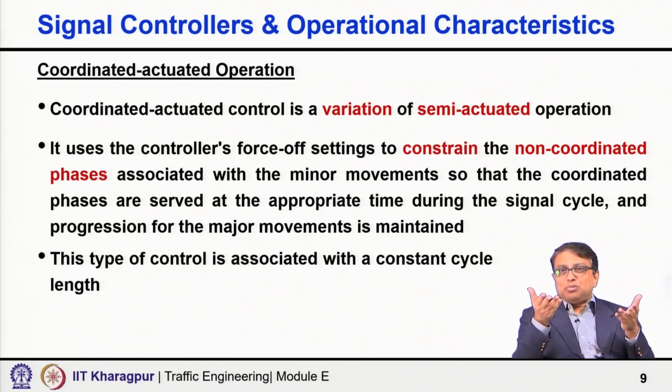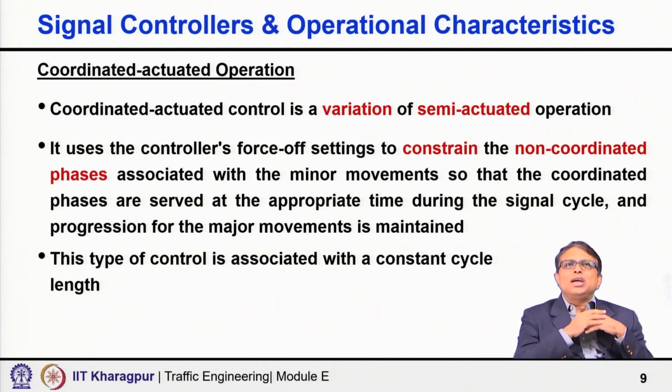Whether and how much green time will be given to the minor movements will depend on the actuation. So, if you detect a vehicle, then maintaining the coordination along the major road, with all the signals which are coordinated on the major road, that will be protected, and then you will handle the minor road movements as per the actuation.